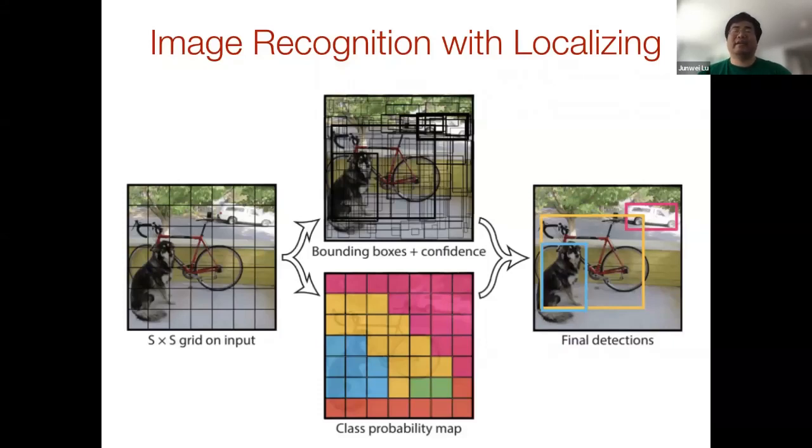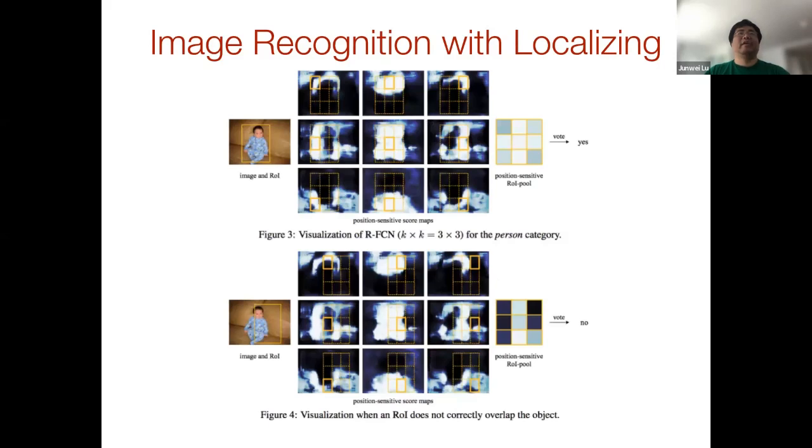And this is the idea of how we can apply the previous ImageNet example to localizing. And here is a similar thing, right? You can see that we can identify different parts of the subject to make it classify well.